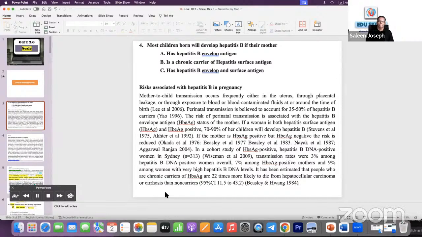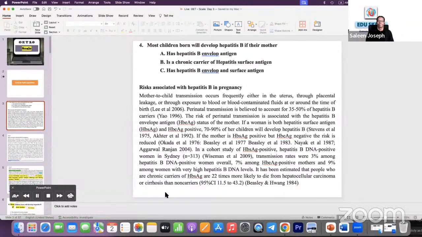Lee et al. 2006. Perinatal transmission is believed to account for 35–50% of hepatitis B carriers. Yao 1996. The risk of perinatal transmission is associated with the hepatitis B envelope antigen, HBeAg status of the mother. If a woman is both hepatitis surface antigen, HBsAg and HBeAg positive, 70–90% of her children will develop hepatitis B.